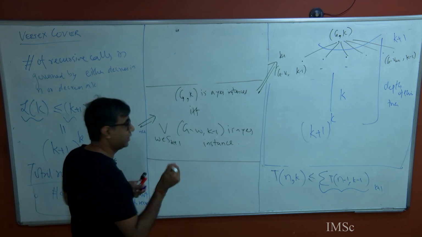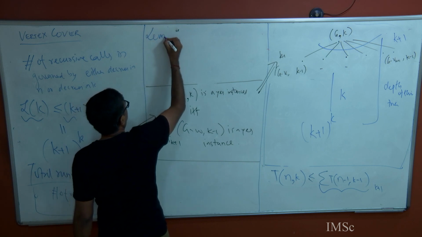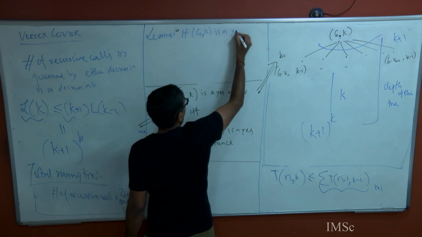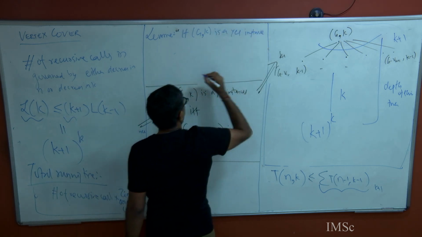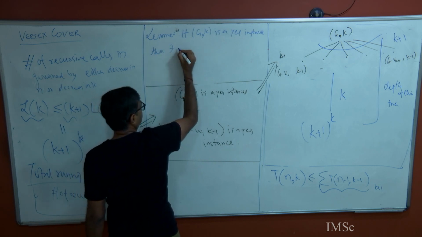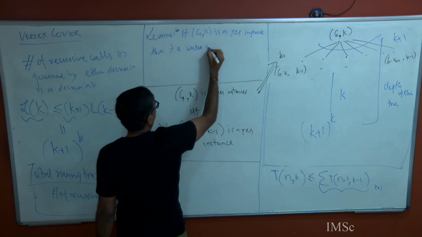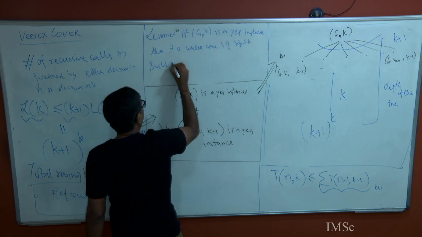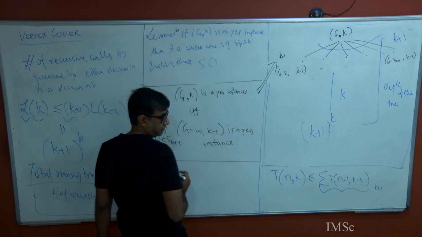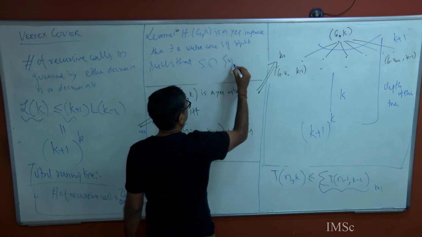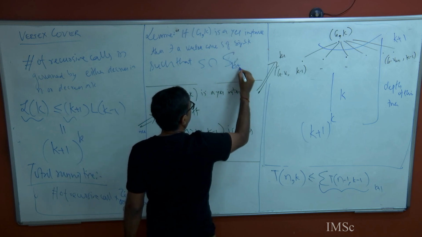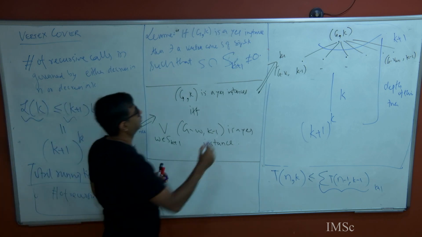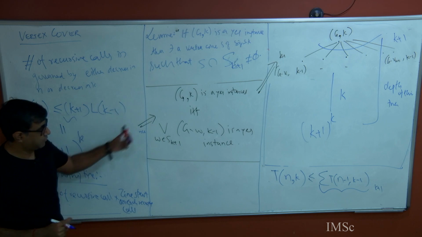Our lemma was, if (G, k) is a yes instance, then there exists a vertex cover S of size at most k such that S intersection S_{k+1} is not equal to phi, right, and we did this algorithm.